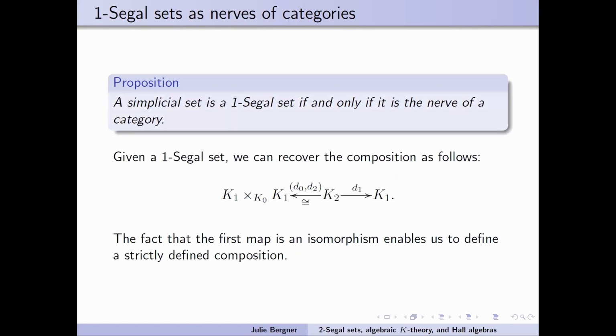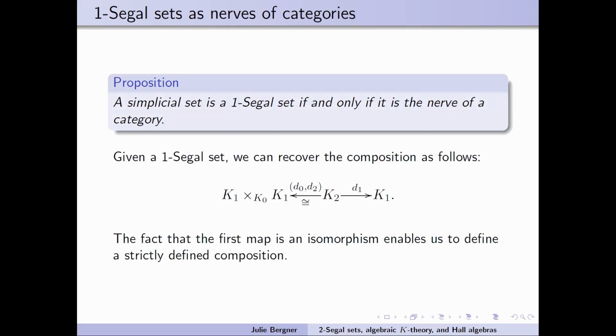So a simplicial set is a one Segal set if and only if it is the nerve of a category. And you might think a little bit about, how would I run this backwards? If I handed you a one Segal set according to the definition, how would you recover a category up to isomorphism?